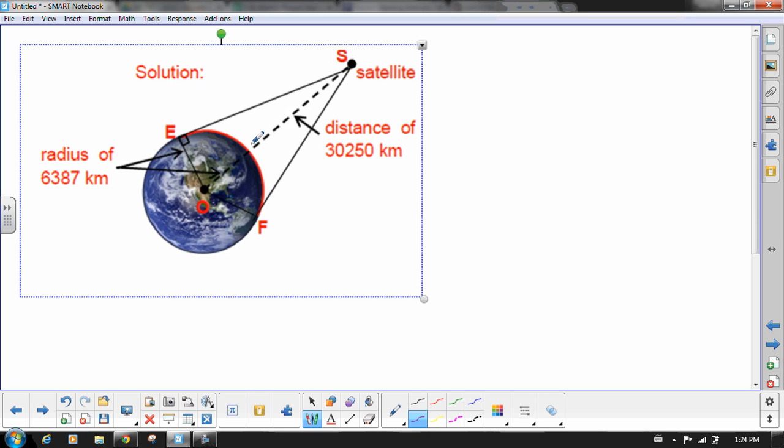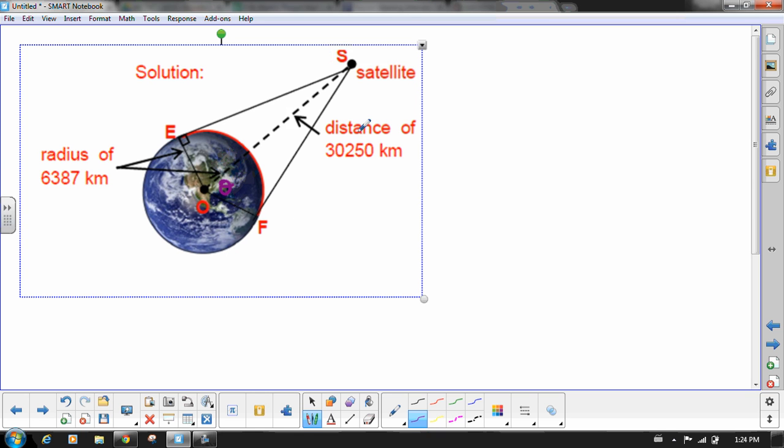So we're looking for the length of that red arc in order to figure out the percentage. If we know what that red arc percentage is, we can figure out the answer to this question because the whole circle has 360 degrees and we know the radius, so we can figure out the circumference.